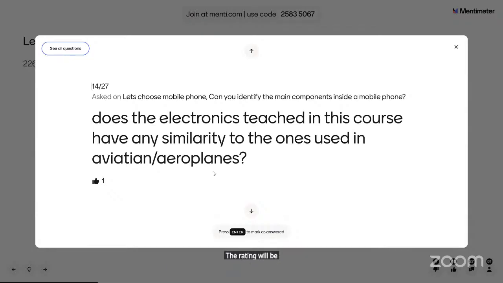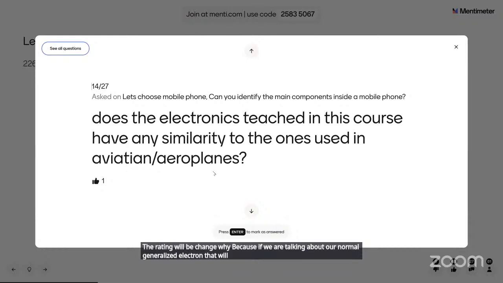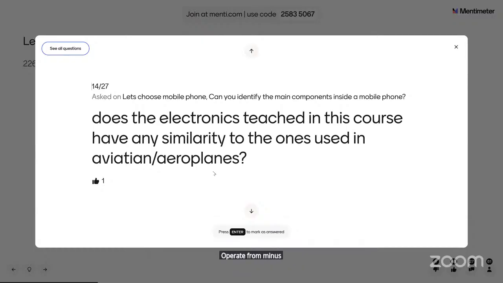Why? Because normal generalized electronics will operate easily from 0 to 75 degrees. But with military grade electronics, the semiconductor will operate from minus 45 to 125 because we have to set this range.